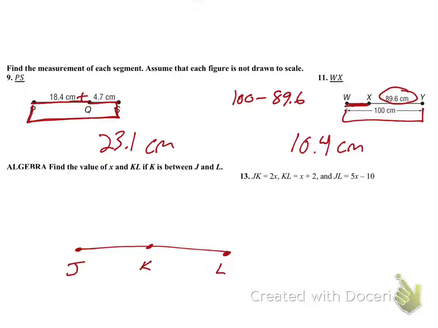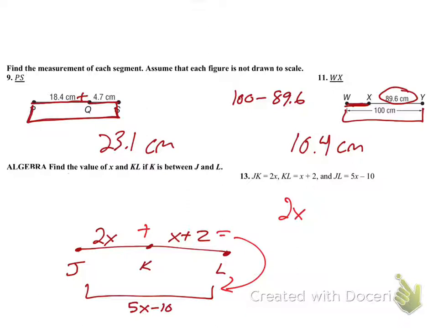So if JK is equal to 2x, KL is equal to x plus 2, and the whole thing is equal to 5x minus 10, all we would need to do is say this plus this is equal to the whole thing.